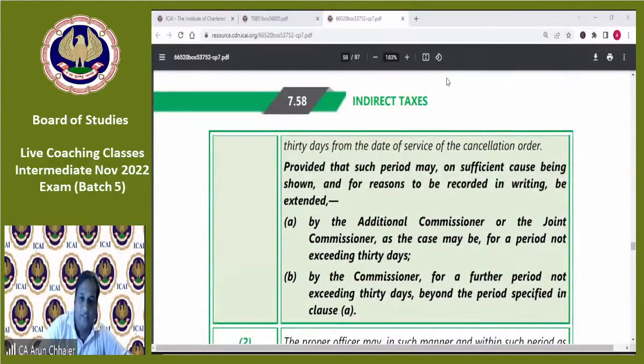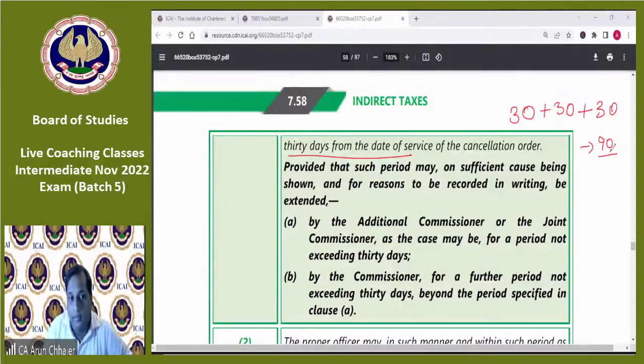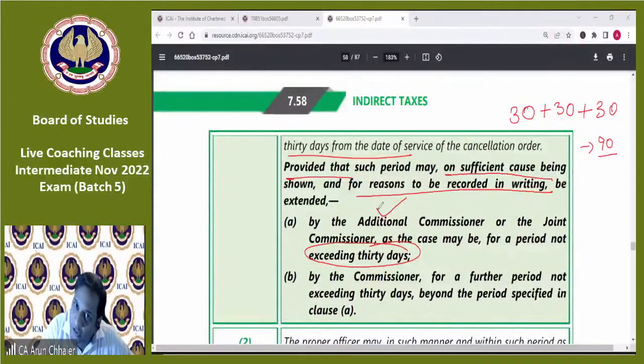The time limit is within 30 days from the date of service of the cancellation order. So what is the time limit of revocation? I will write 30 plus 30 plus 30, total 90 days. 30 is normal. The proviso says that on sufficient cause being shown and for reasons to be recorded in writing, these 30 days can be extended by another period of 30 days by the additional commissioner or joint commissioner.